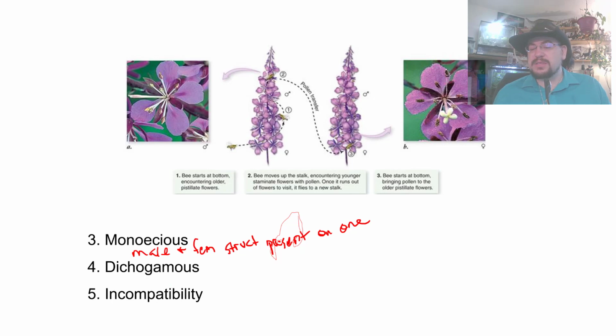Dichogamous, that is a little bit interesting. So in a dichogamous plant, we add some temporal protection against inbreeding. How that works is in a dichogamous plant, the pistil and the stamen mature at different times.